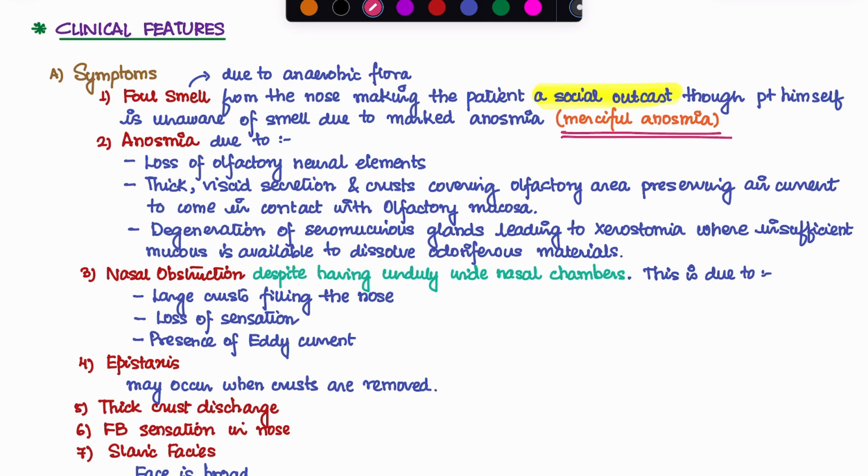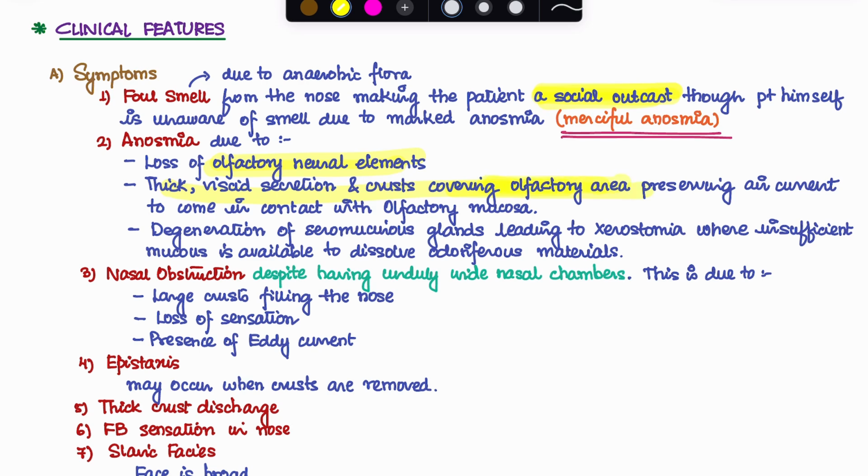That brings us to the second feature, which is anosmia. Now, why does anosmia happen in this patient? The 3 factors are: 1, a loss of olfactory neural elements. Second, as I've already mentioned, there's a formation of greenish thick crusts all over the nose, and these thick crusts end up covering the olfactory area.